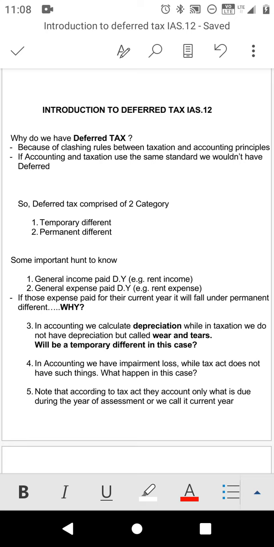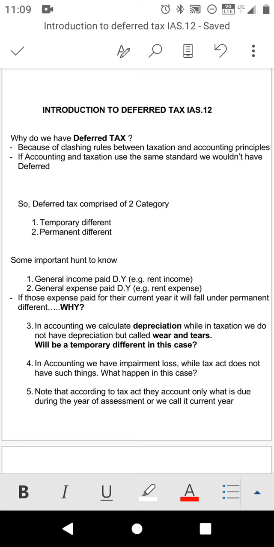In addition, remember, when we are dealing with taxation, there is no residual value. But when we calculate depreciation under accounting, we have a residual value. So that will make a temporary difference, because the calculation will not be the same.